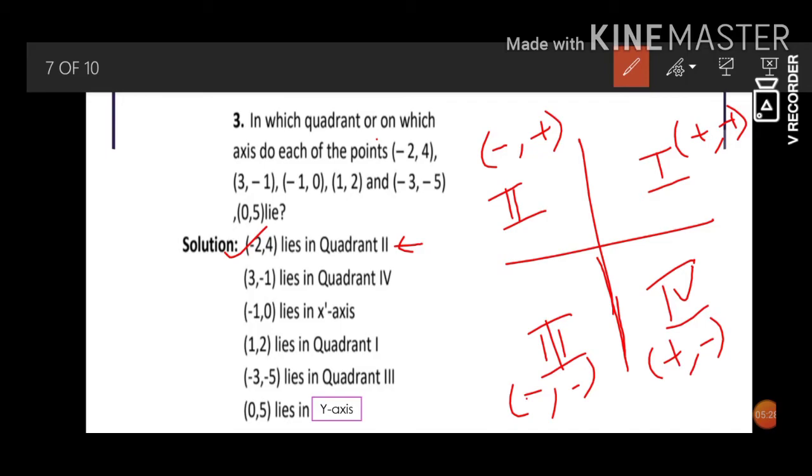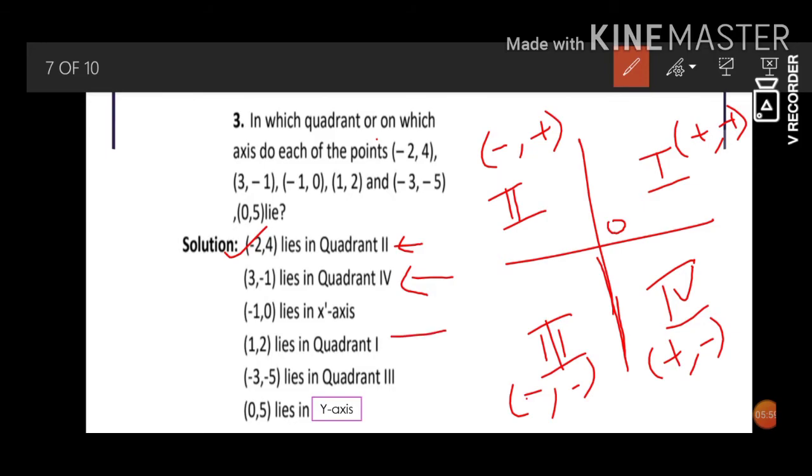Plus 3, minus 1 has the sign plus minus, so it lies in quadrant 4. Now minus 1 comma 0 lies on the x-axis, rather the x dash axis, because it is on the negative side of the x-axis. Then 1 comma 2 lies in the first quadrant, as both are plus plus.